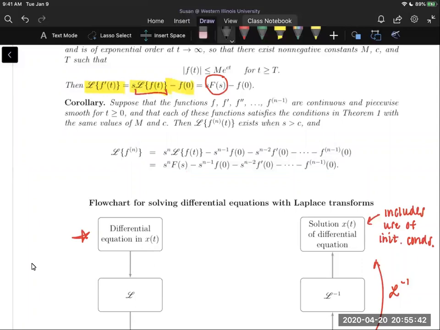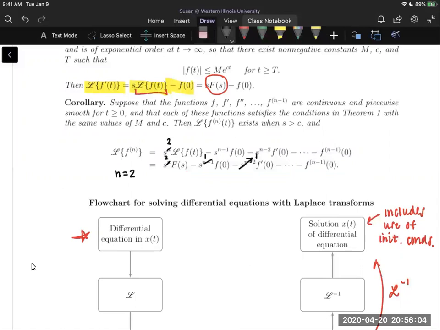In particular, we care about n equals 2. So we're going to have s squared times, well, maybe write it down here, F of s. And then this is going to become s to the first, F of 0. And then this will go to 1, and we just get F prime at 0.